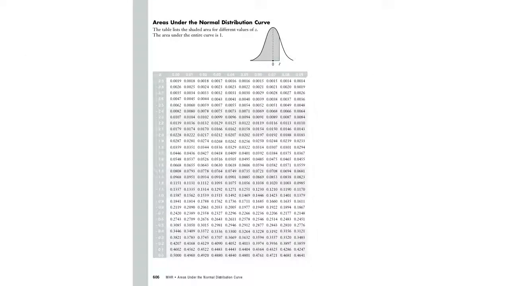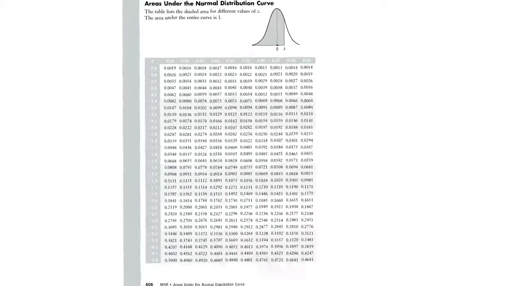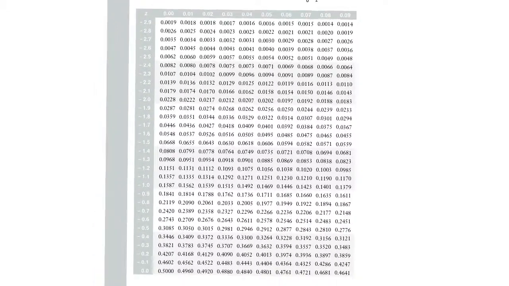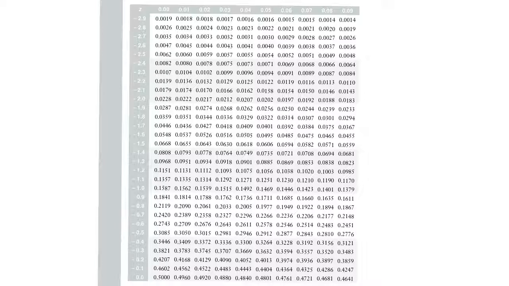So here's the z-score table, and it looks kind of complicated, but it's really not that bad. What you have is the z-scores. You have to find your corresponding z-score, and then the table tells you what the probability is for an area less than that on your normal distribution. I'm going to zoom in a little bit here so you can see it better. In our question, we got a z-score of negative 0.5.